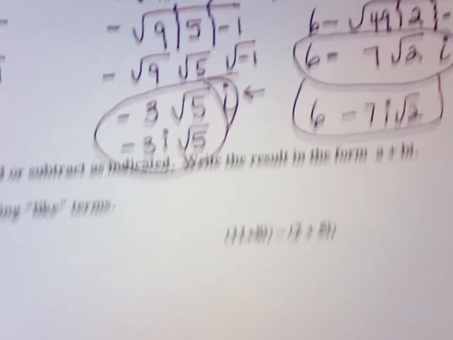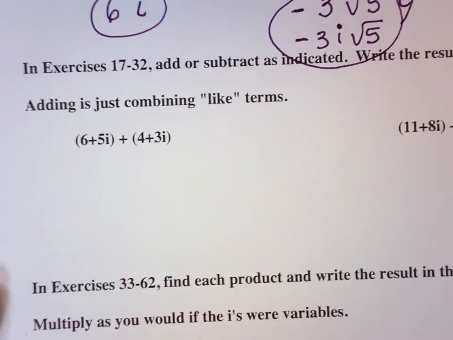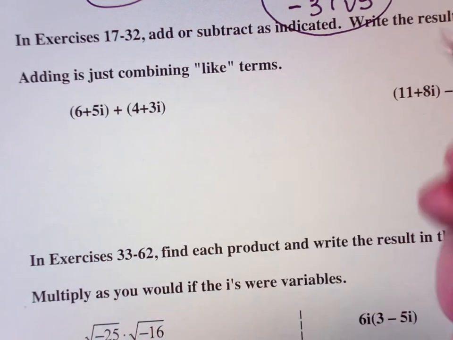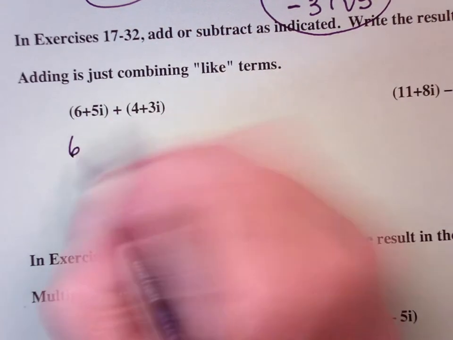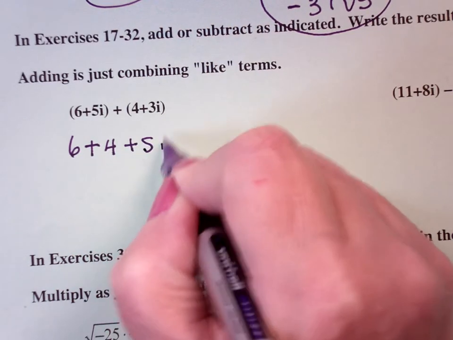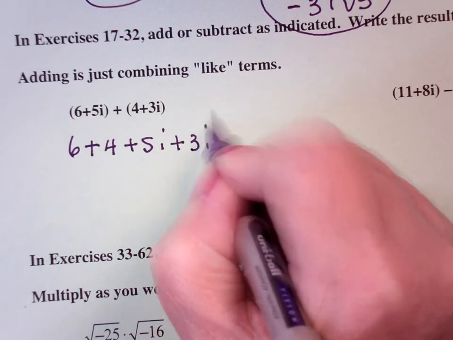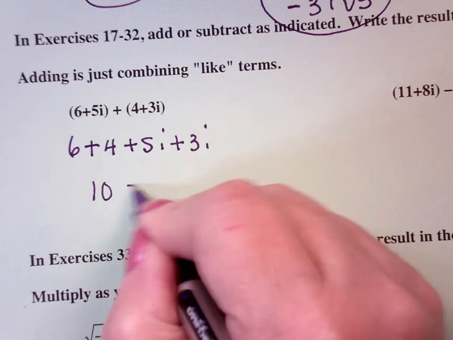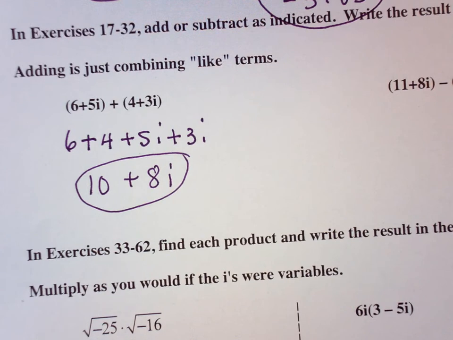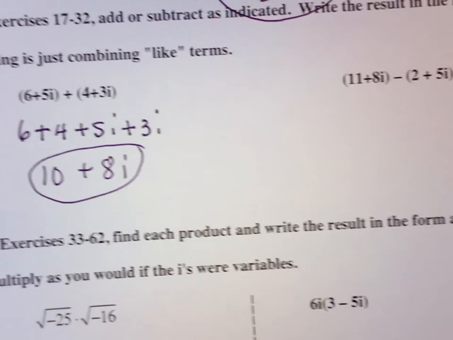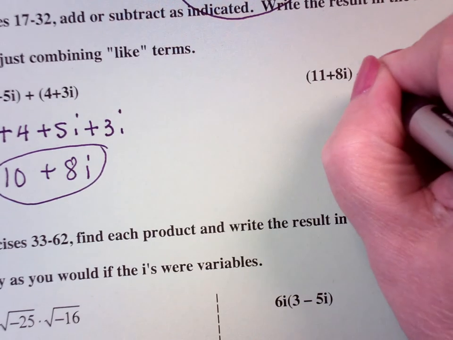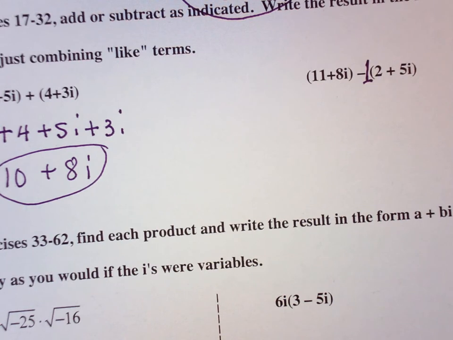Now if you can do x's, you can do i's. So how do I add them? I combine like terms. So this is 6 plus 4 plus 5i plus 3i, which is 10 plus 8i. This is the guy who causes us some problems, and that's when you put the 1 in front, and you've got to change everything that's behind it.